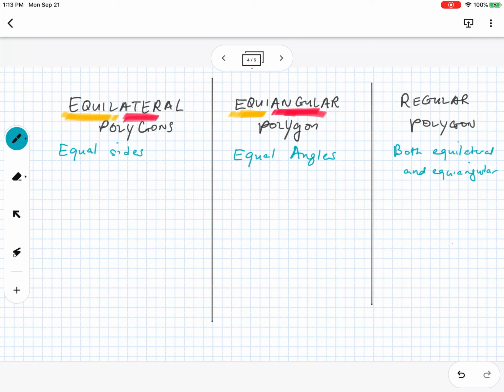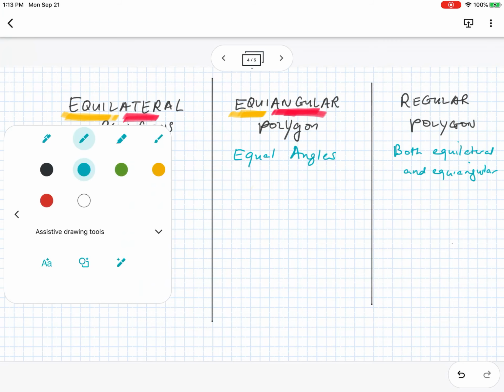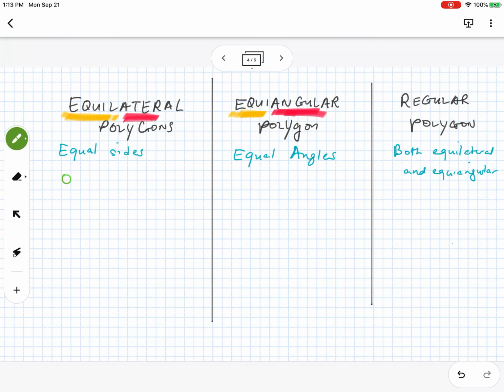So just for example, let's say, quadrilaterals. Quadrilaterals, first of all, are four-sided. And there's probably a bunch of different types of equilateral quadrilaterals that you can think of. But one that comes to mind for me is something called a rhombus.